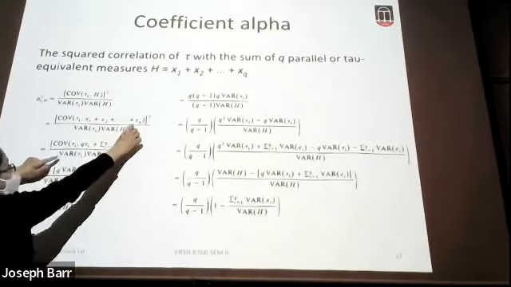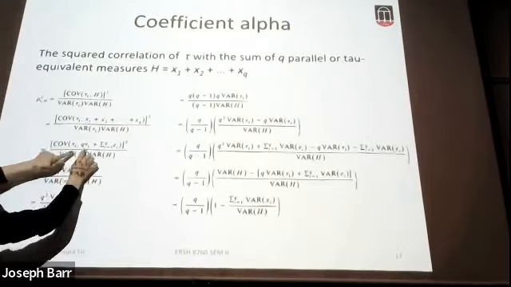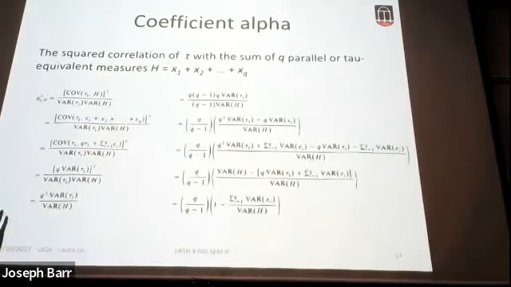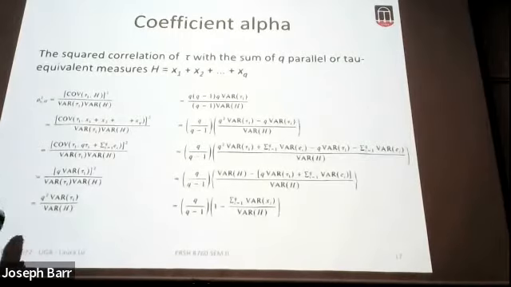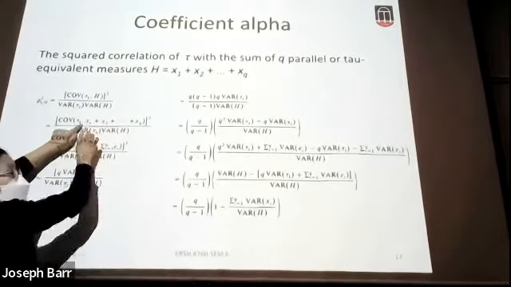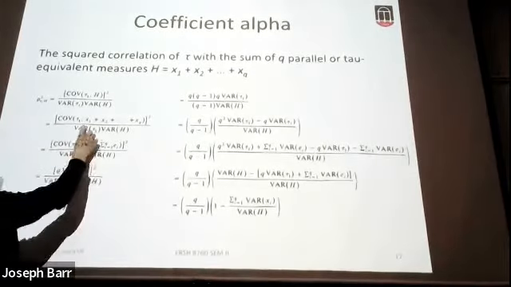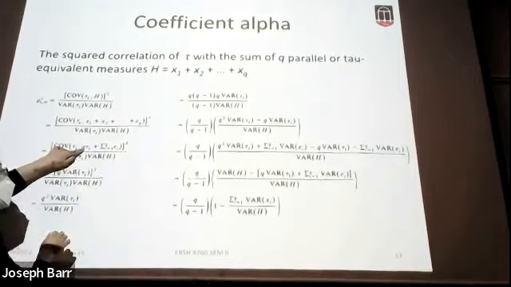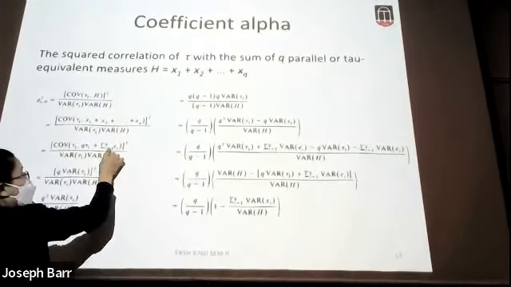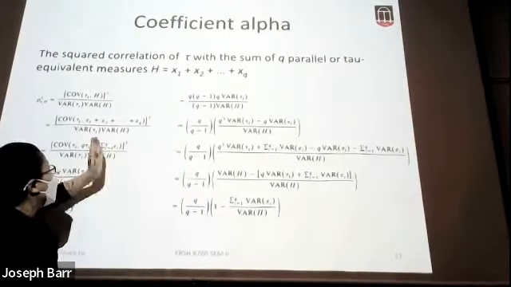So we have Q items. So actually, we have Q tau, because all of these measures are parallel or tau equivalent. They measure the same tau. So we have Q tau. Each X is tau plus the measurement error part. So Q times the true score tau plus the sum of the residuals, the measurement errors e i from 1 to Q.